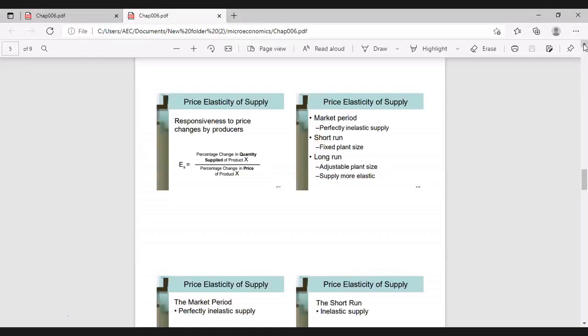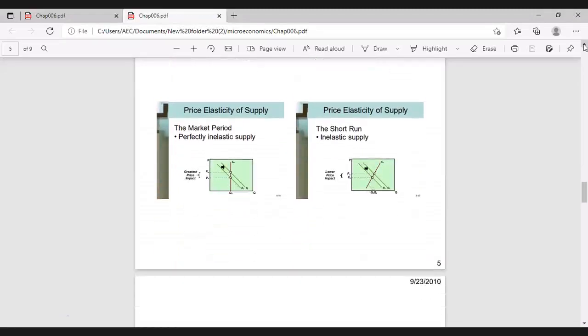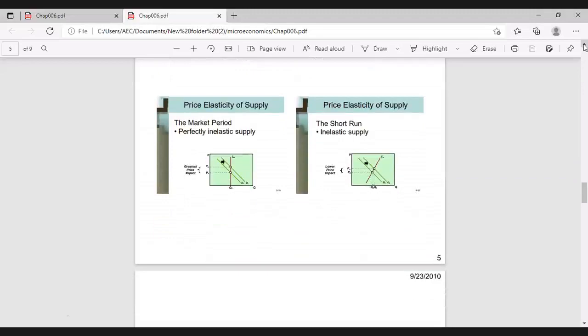So time determines how easily the seller shifts the resources among the alternative products. In the market period, immediately after a price change, the supply curve is perfectly inelastic. So if demand increases and price increases, there is no change in the quantity supplied.